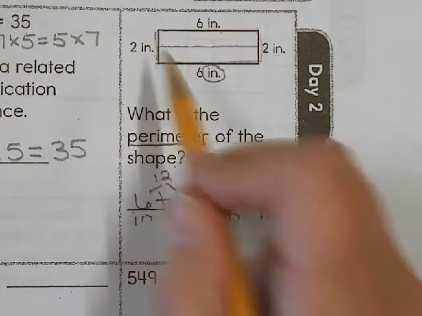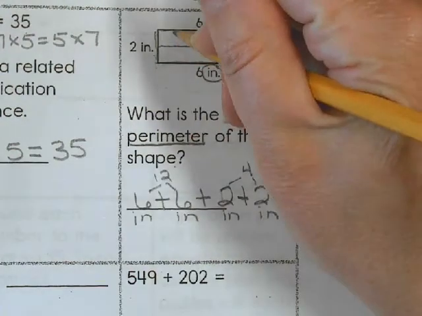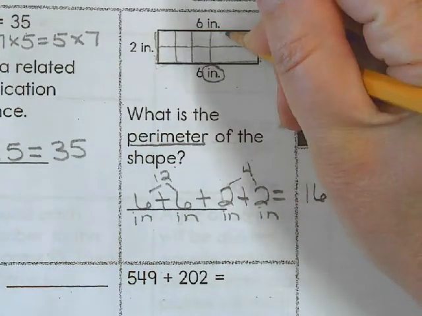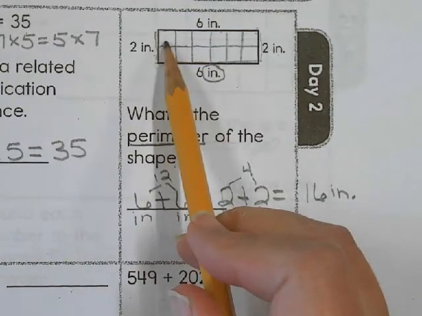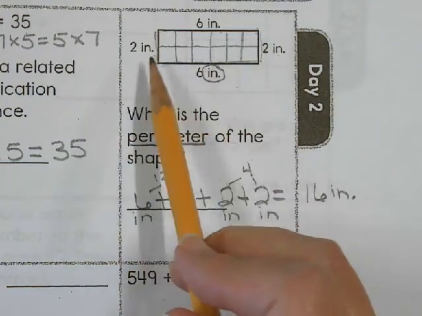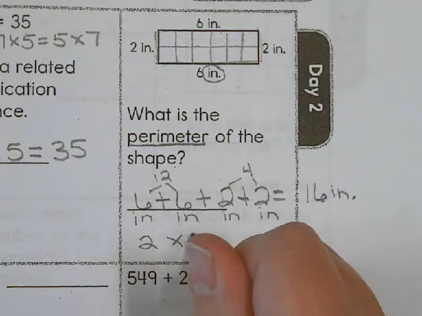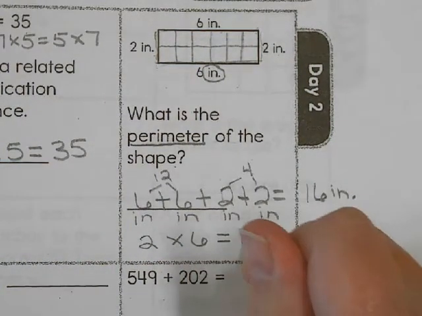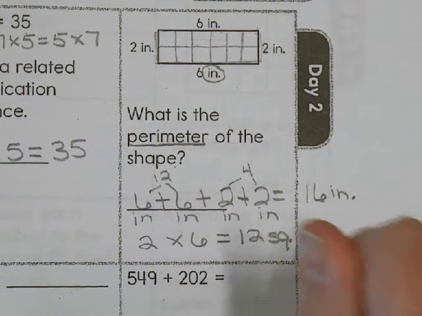That tells us that we have 2 rows and we have 6 squares in each of our rows. So if I have 2 rows with 6 squares in each row, my area, using multiplication, is going to be 12 square inches.